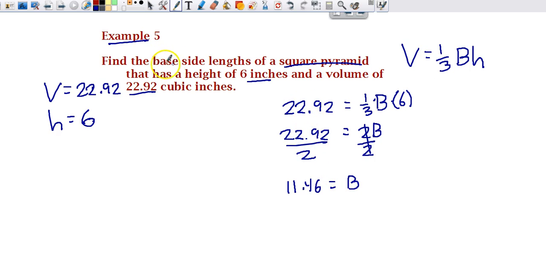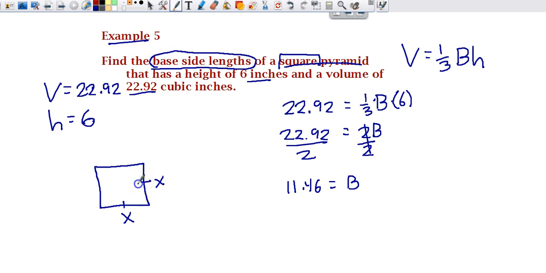All right, so the question says not the area of the base, side lengths. And it's a square pyramid. So the base is a square. So let's think about that. We got a square. What's true about all sides of a square? They're congruent. So if I'm trying to find that side length, I know that they're the same. And if I know that the area is 11.46, length times width, x times x is 11.46, that's a square.